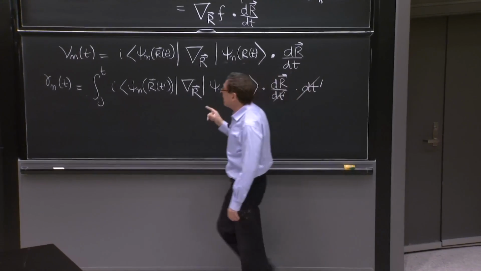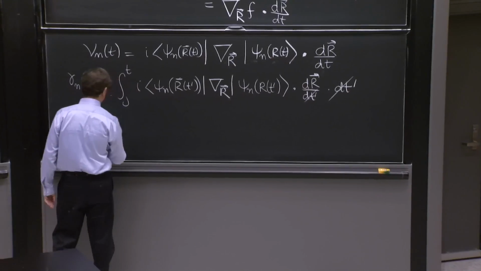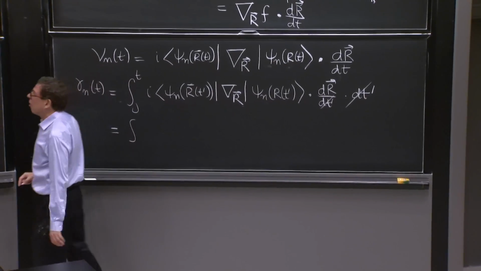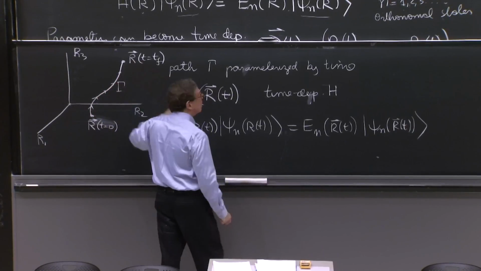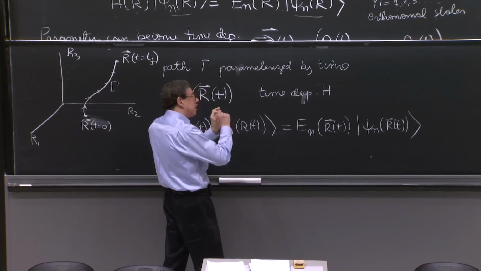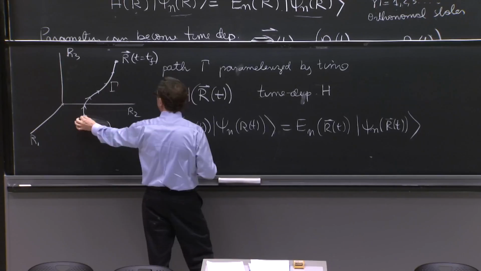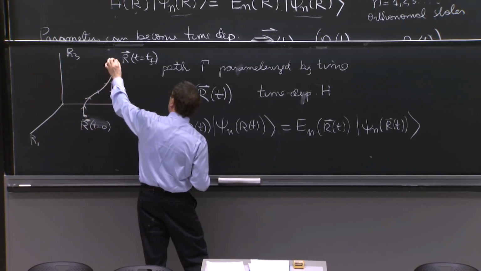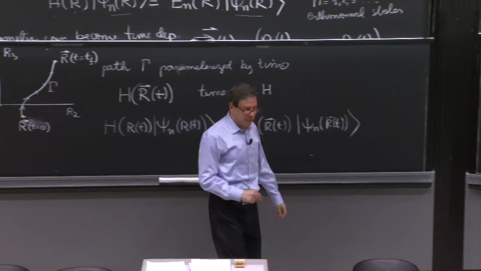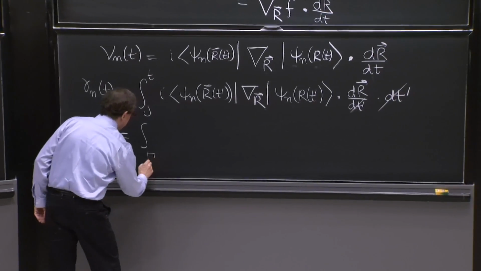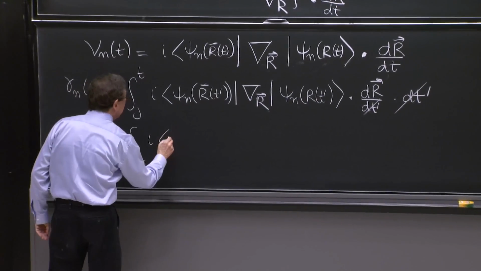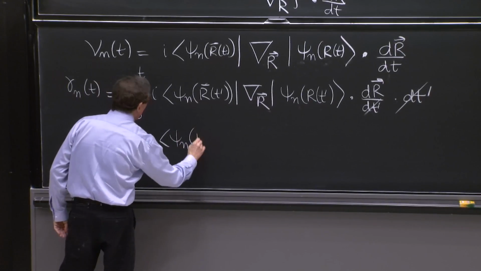Because now this integral is nothing else than the integral over the path gamma, because the path gamma represents the evolution of the coordinate r, capital R, from 0 to time t. This is nothing else than the integral over the path gamma of I psi n of r.